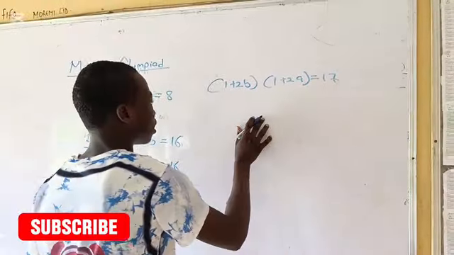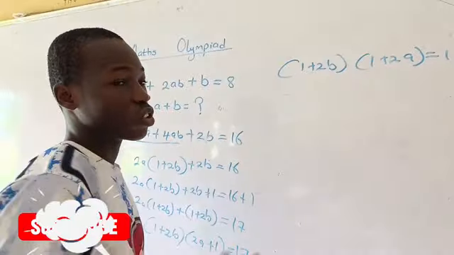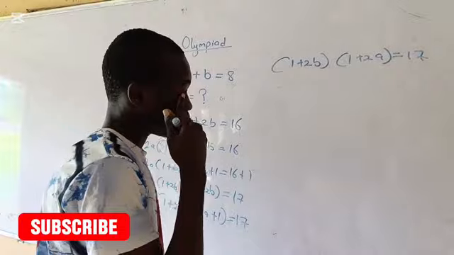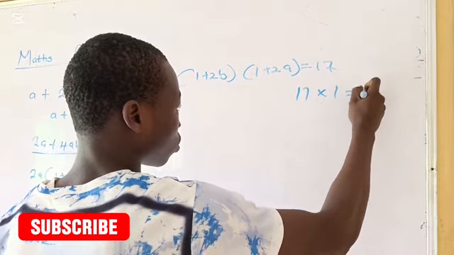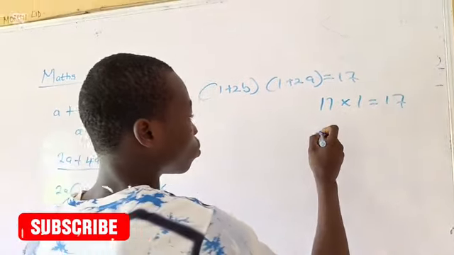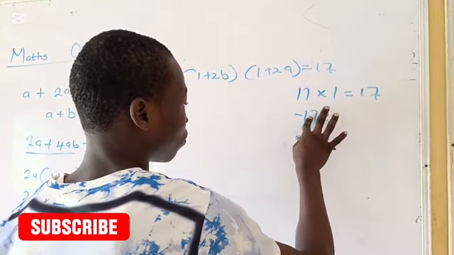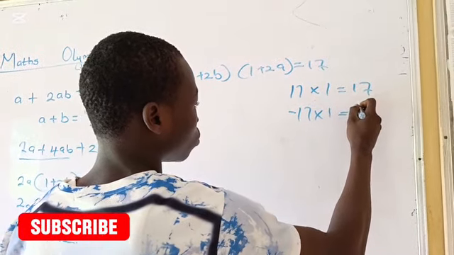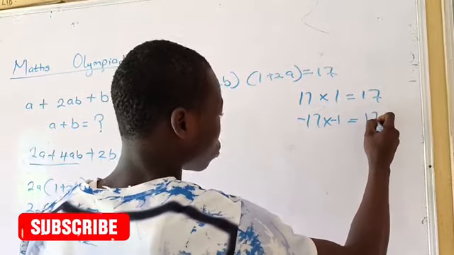So what this implies is that, but before I start solving this, we are going to consider two cases, because you know that 17 multiplied by 1 equals 17, right? And minus 17 multiplied by minus 1 is still going to give you 17, right?